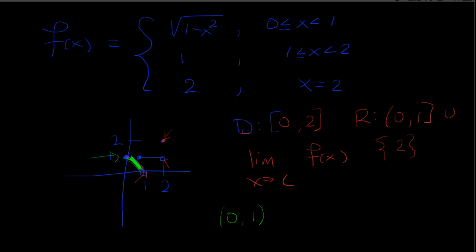At 1, the limit doesn't exist because from the left it's going to 0, from the right it's going to 1. And now everything between 1 and 2 will exist. But we don't want to include 1 and 2 because 2, there's nothing to the right of it, and 1, the left-hand limit is going down to 0. So the interval we're looking for is from 0 to 1 and 1 to 2.